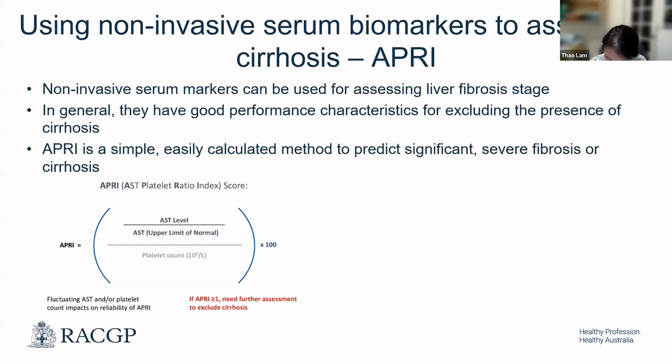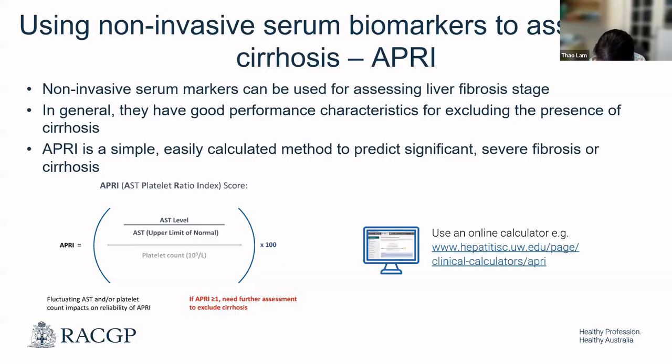The higher the value, that is greater than 1.5 or even higher than 2, the greater the positive predictive value. That's the ability to rule in cirrhosis. As with all non-invasive testing, mid-range values are less helpful as they really don't differentiate between the intermediate stages of fibrosis. Be aware that fluctuating AST or platelet count, or low platelet count for other reasons such as ITP, could impact on the reliability of the APRI score.